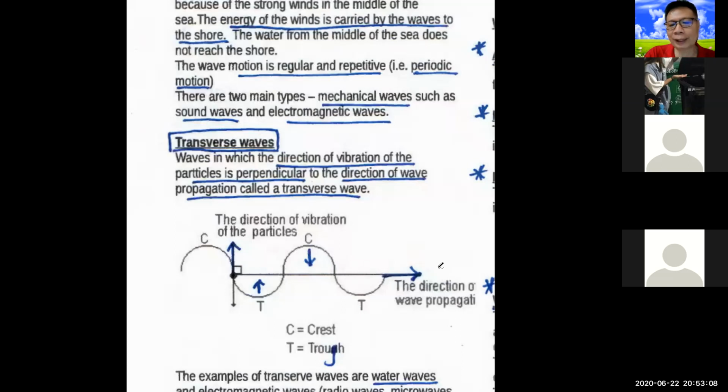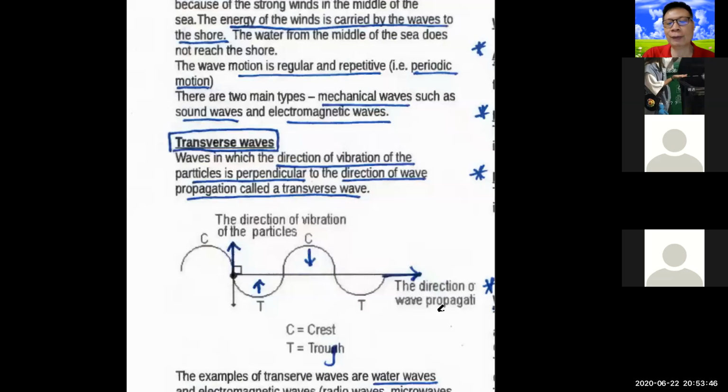Molecules move up and down, but the wave moves from left to right, 90 degrees. You highlight here: a wave in which the direction of vibration of particles is perpendicular to the direction of propagation. So we call it transverse.